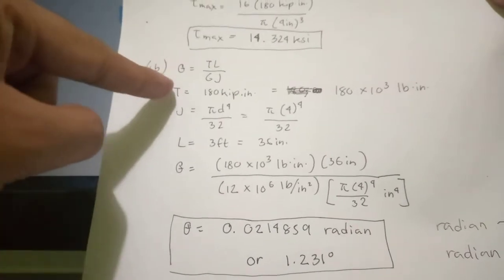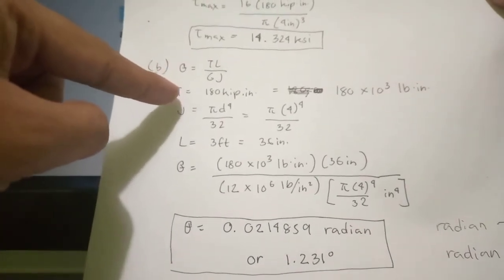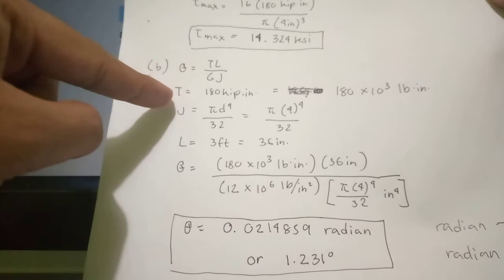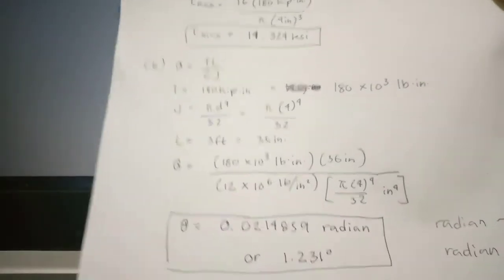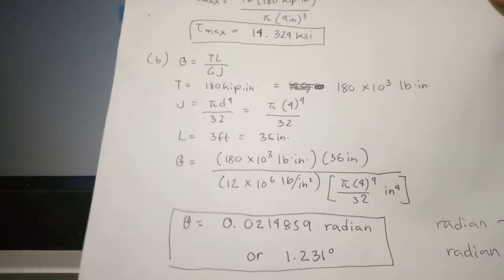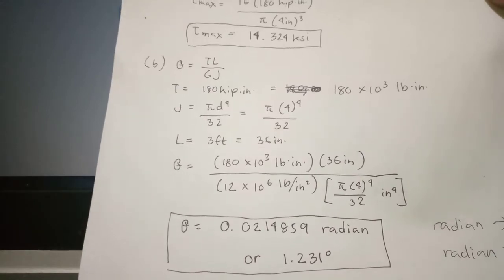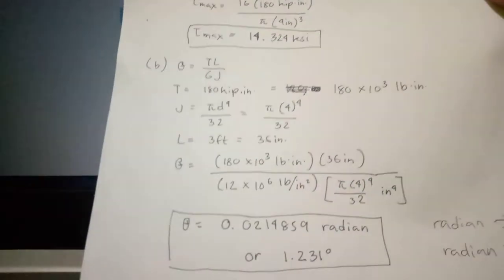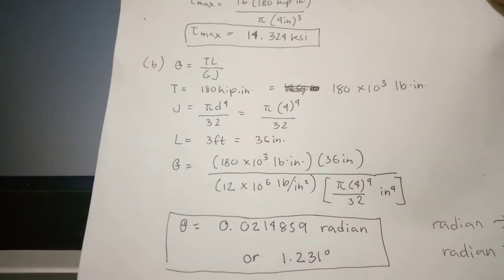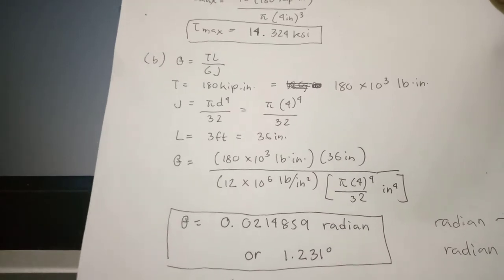Just like what we have done, we have already converted the 15 kip-foot into 180 kip-inch. So here I reconvert it into pound-inch, in order that we can use the unit pounds.